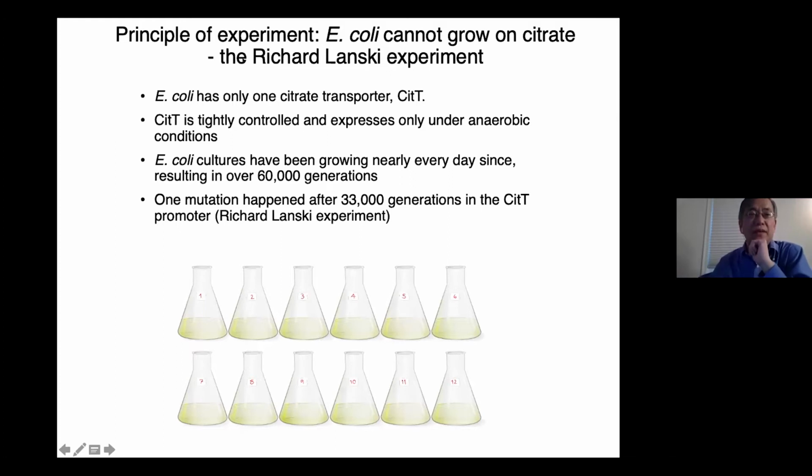This is based on a classical experiment done by Richard Lenski at Michigan State, where he realized the E. coli cell has only one citrate transporter. It's called CitT, and CitT is only expressed when oxygen is not present; it is highly suppressed when oxygen is present.